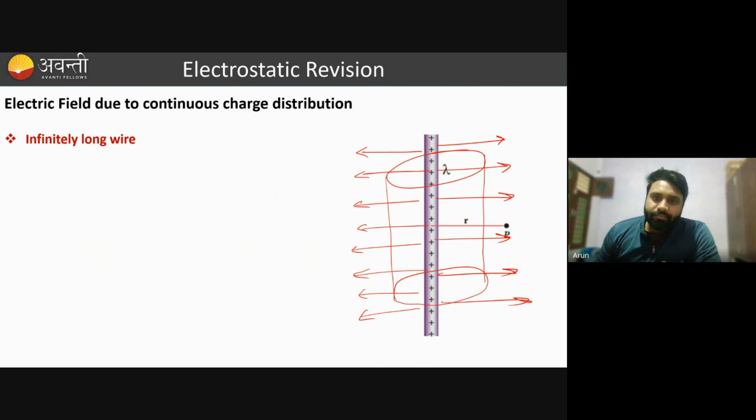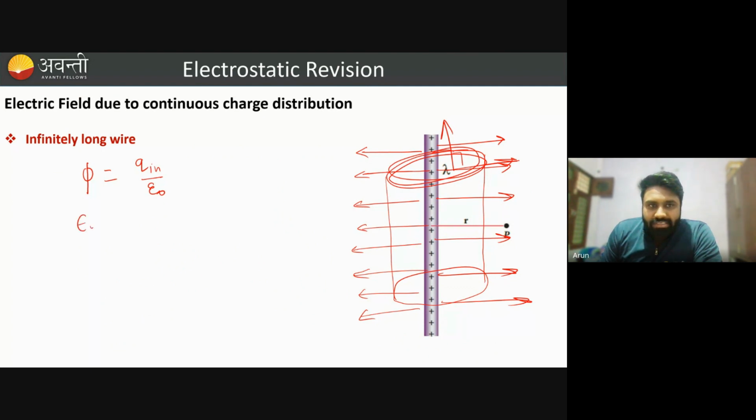If you see this surface, the electric fields are parallel to it, but the area vector is perpendicular. We know that Gauss law says electric flux is equal to the charge enclosed divided by epsilon naught, and this is given by E dot dA.